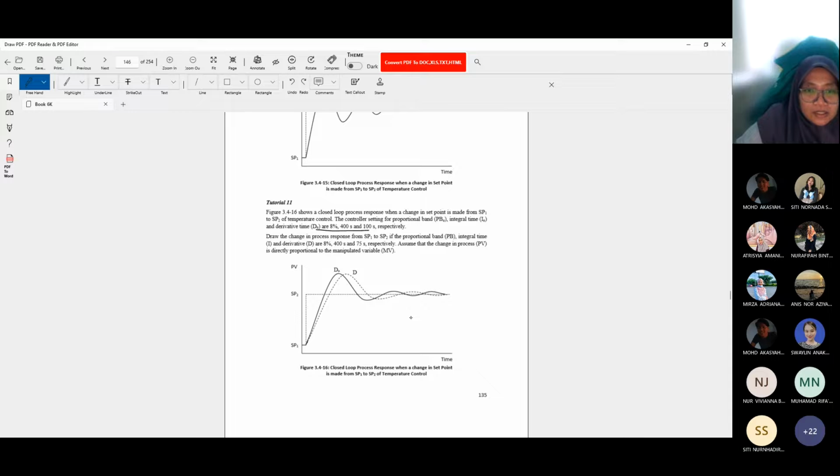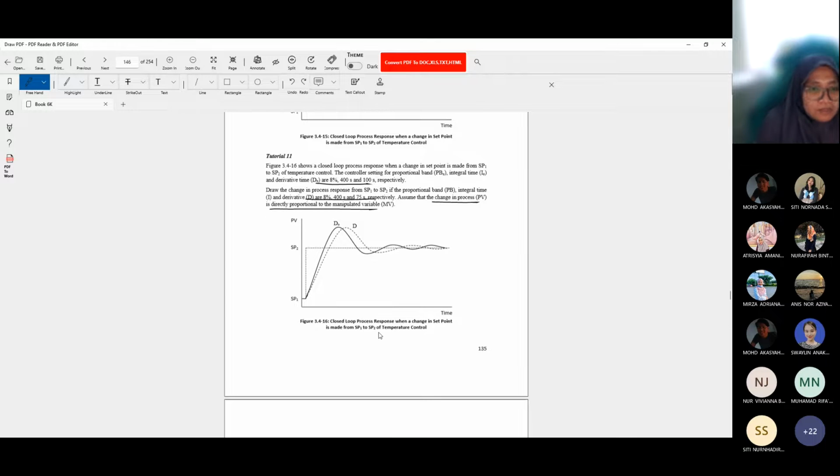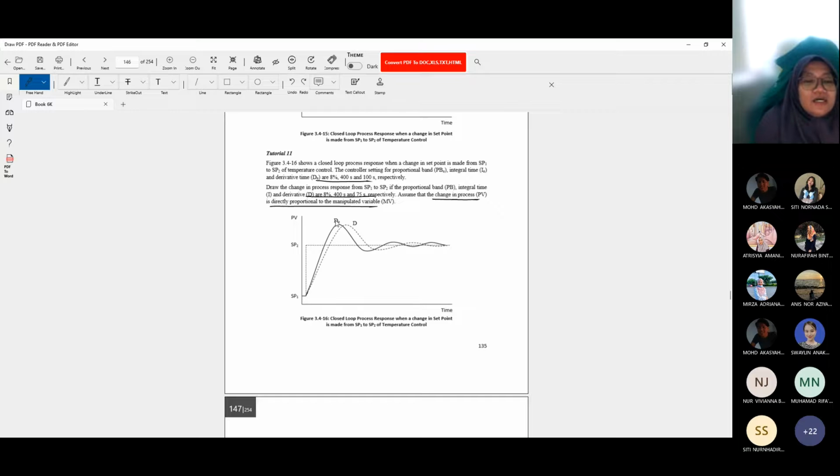Dekat sini dah bagi yang ni, and then this one and this one lah, dia ada main point dekat dalam soalan ni. Please remember, dalam soalan you tak diberi garis putus-putus ni, even for the SP ni pun you tak akan dapat. You akan dapat the original process response punya figure sahaja.